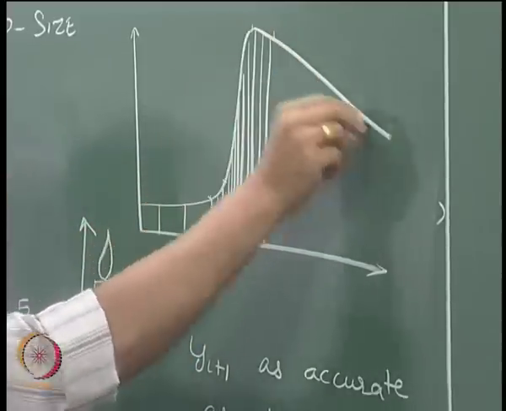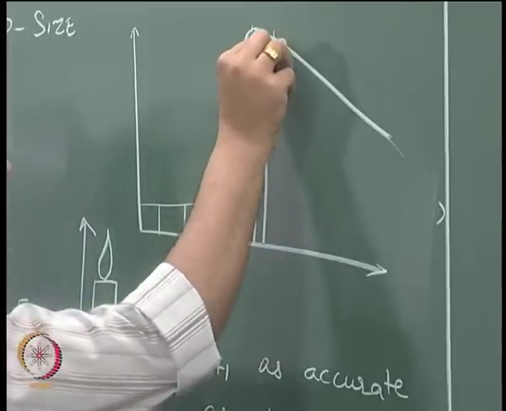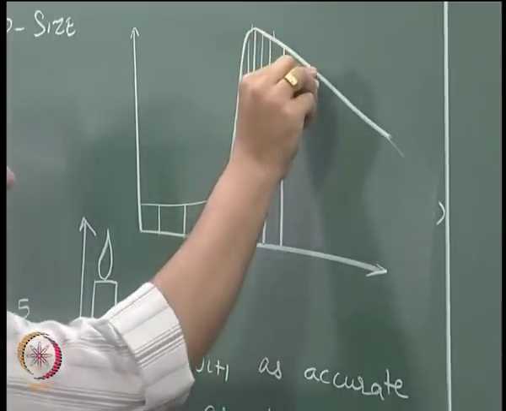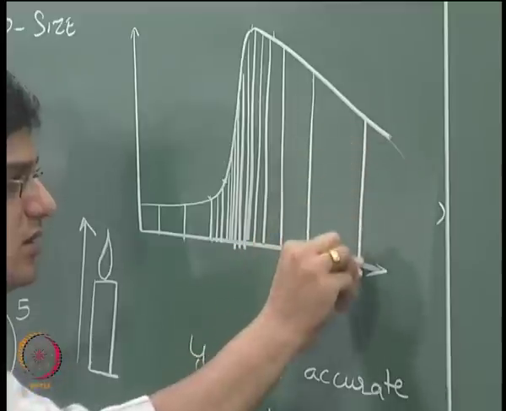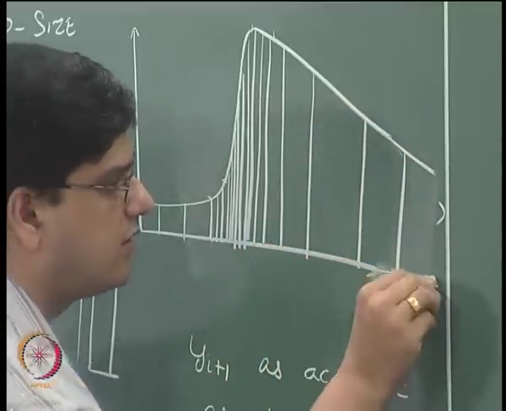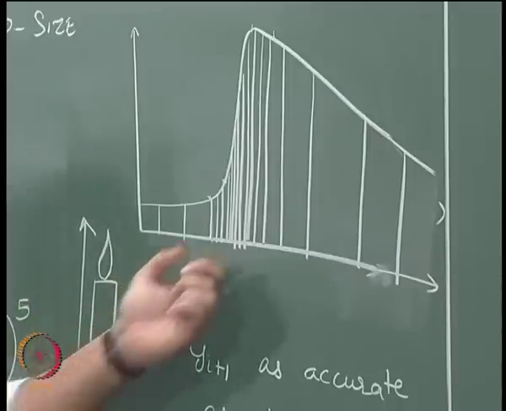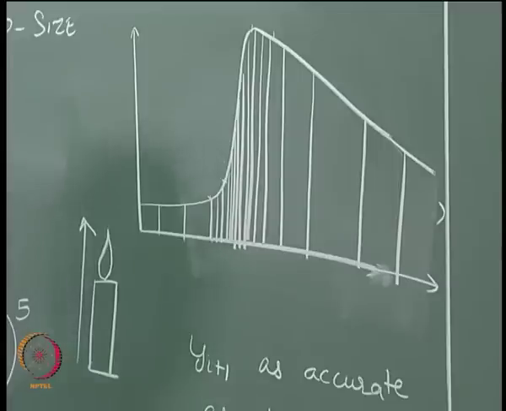Now the overall curve is tending to become smoother. Because the curve tends to become smoother, the step sizes will increase. And this is what we are going to get if we use adaptive step sizing.